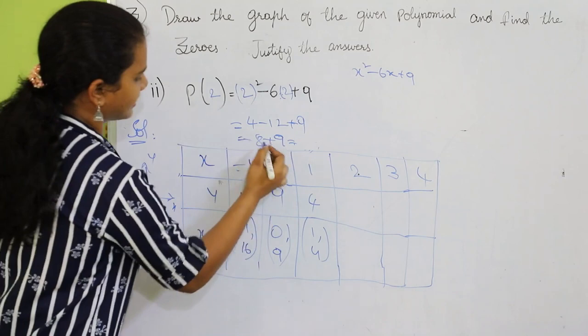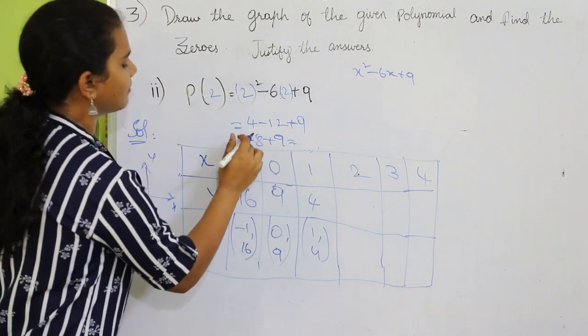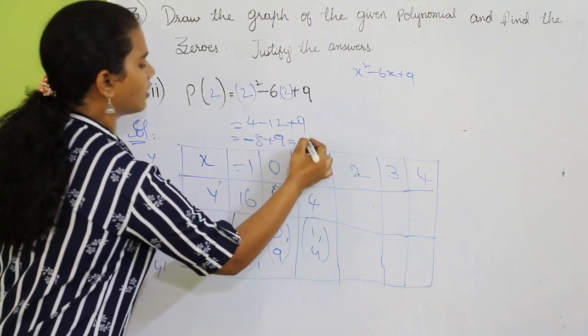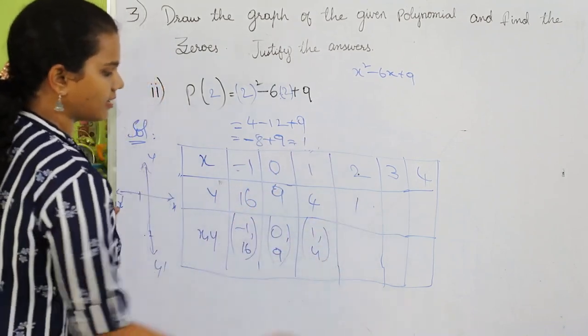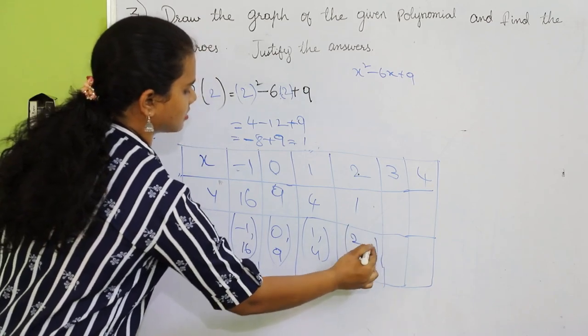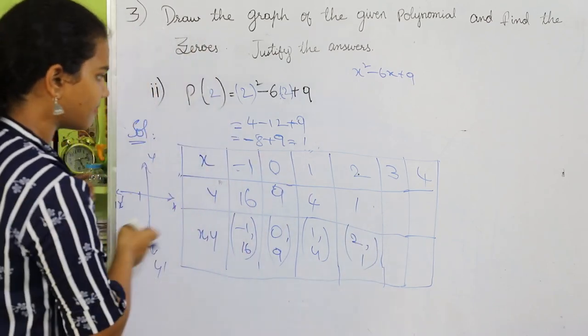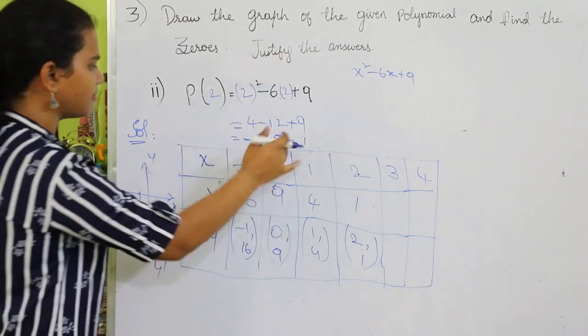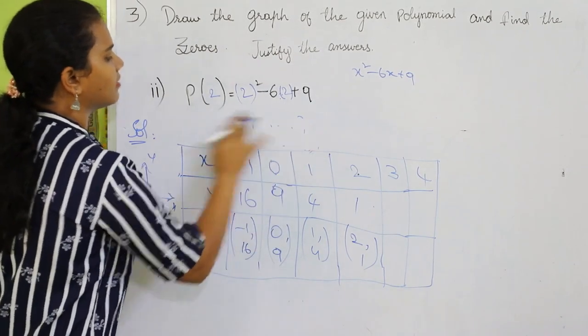This gives 1. So 2 comma 1 will be the values. If p of x equals 2, then the y value will be 1.